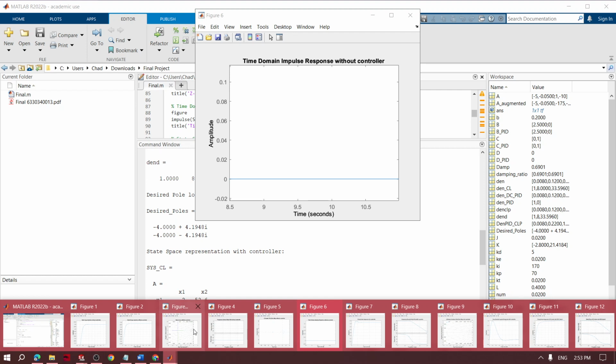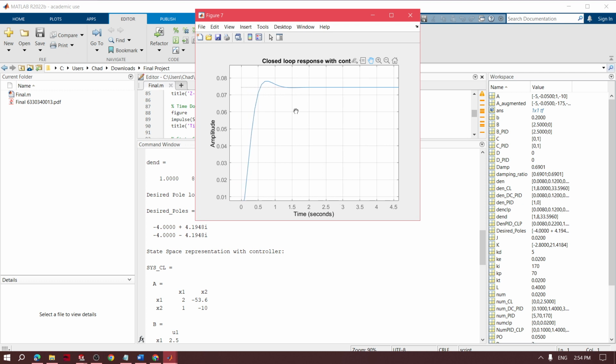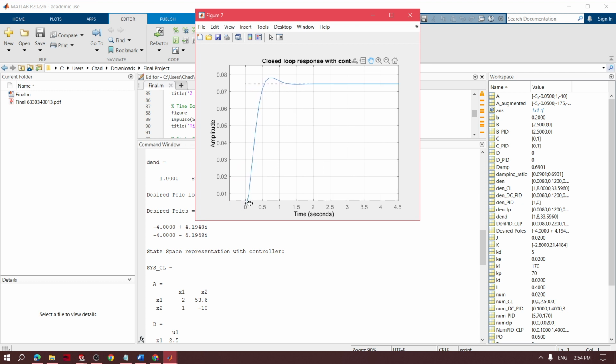So let's go to figure 7. This is the closed loop. It goes to the top and then goes down.